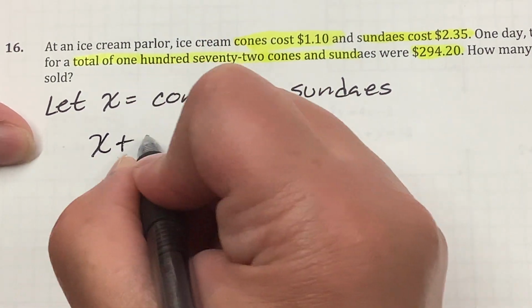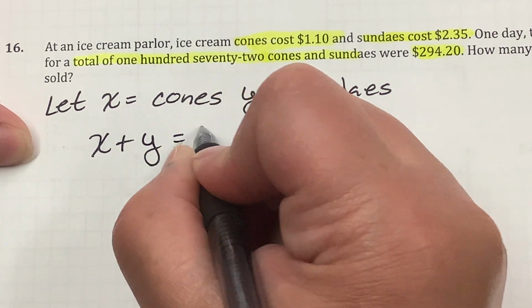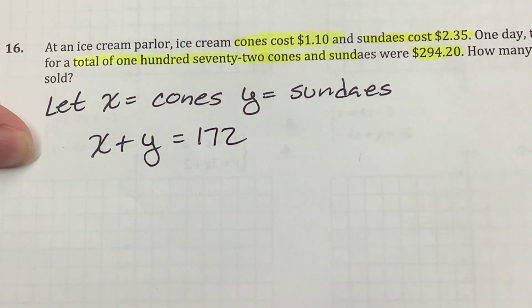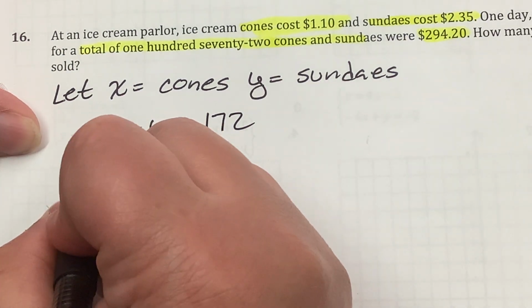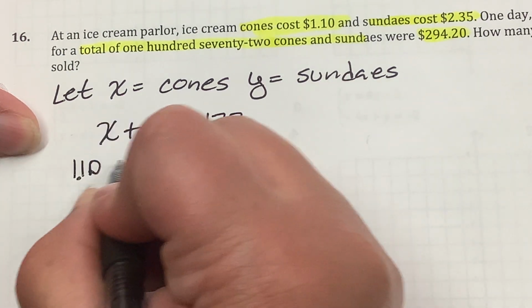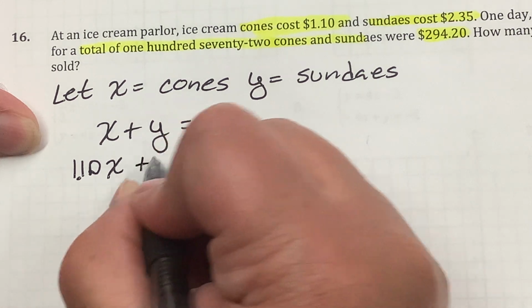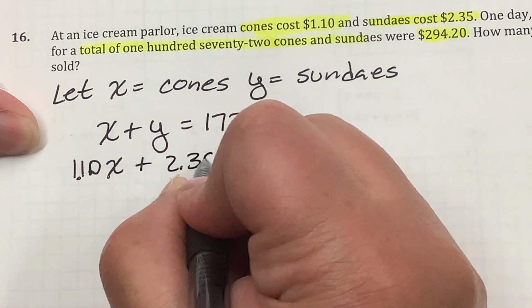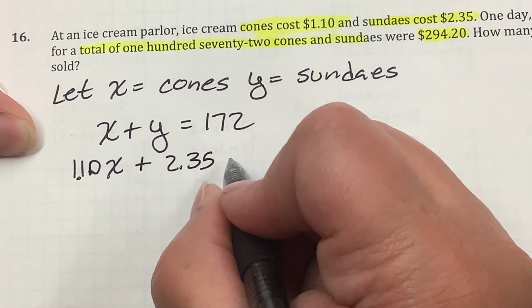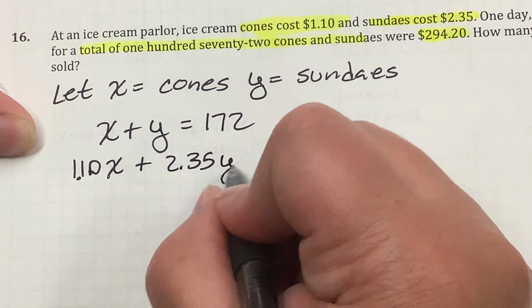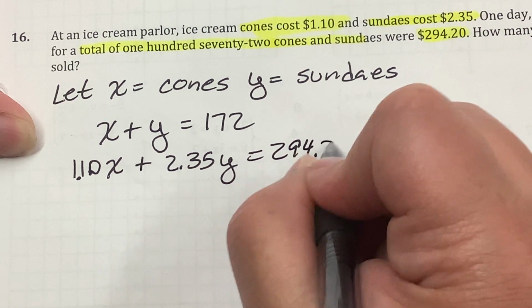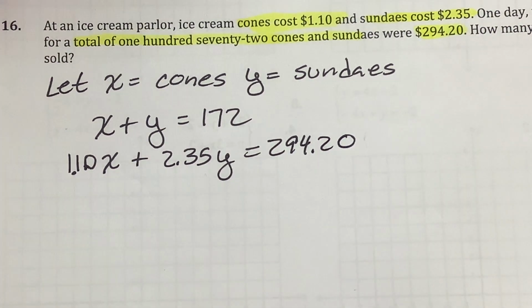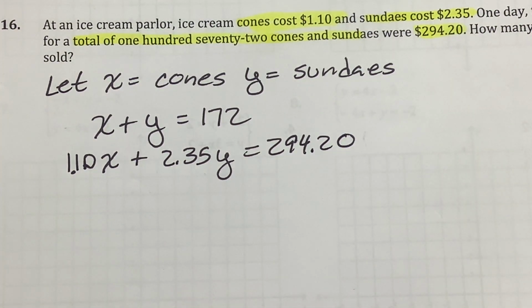Cones plus sundaes, x plus y, has to equal 172. But the price, $1.10 times the number of cones, plus $2.35 times the number of sundaes, has to equal $294.20.